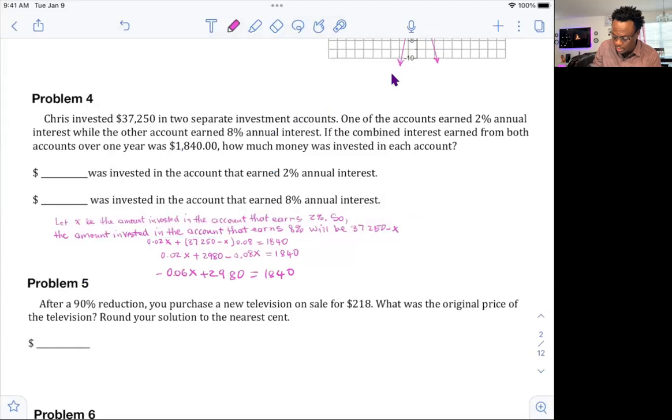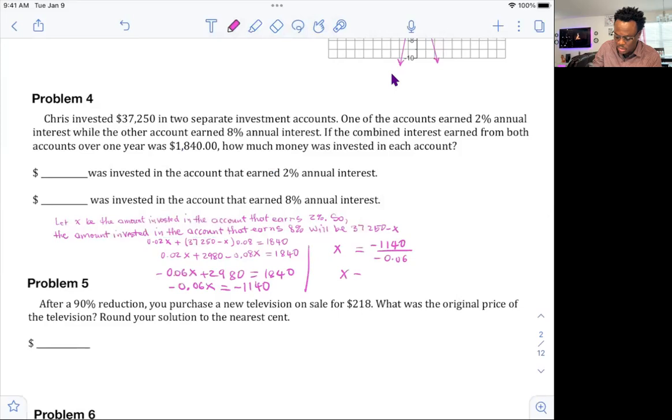We will subtract the 2,980, that's negative 0.06x equals negative 1,140. And then if we divide both sides by negative 0.06, x equals negative 1,140 divided by negative 0.06.